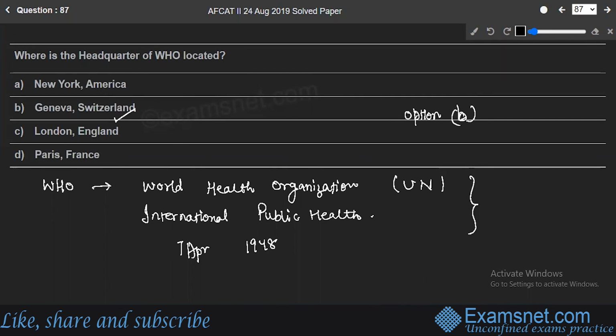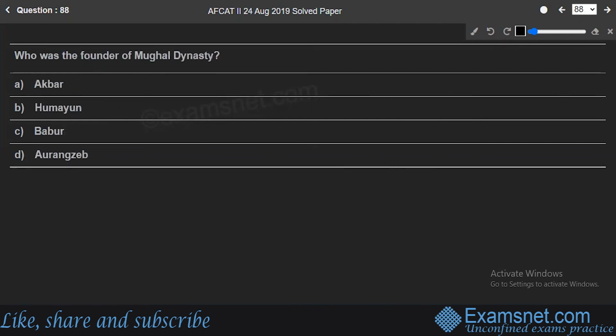Let's move next. Question number 88. Who is the founder of Mughal dynasty? Akbar, Humayun, Babur, or Aurangzeb? Out of the given options, Babur is the correct one. Babur founded the Mughal Empire in India.